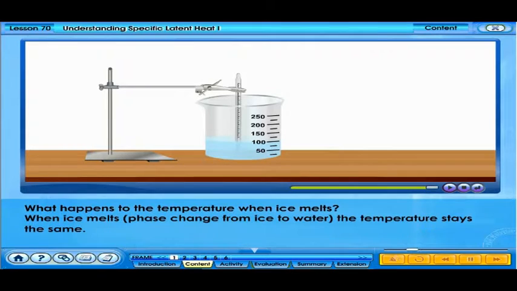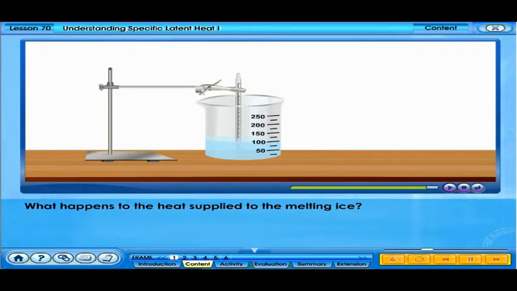When ice melts, phase change from ice to water, the temperature stays the same. What happens to the heat supplied to the melting ice?